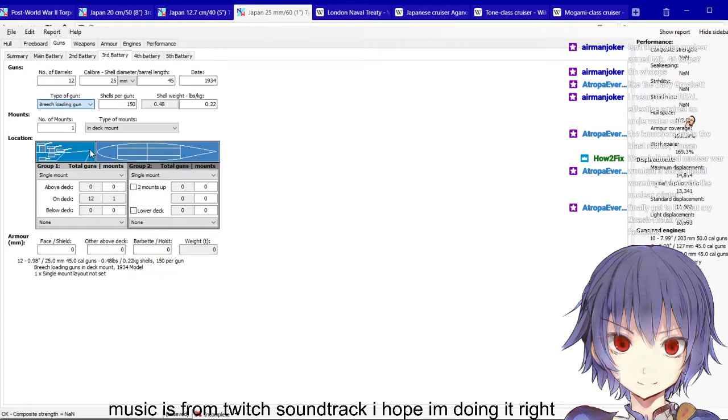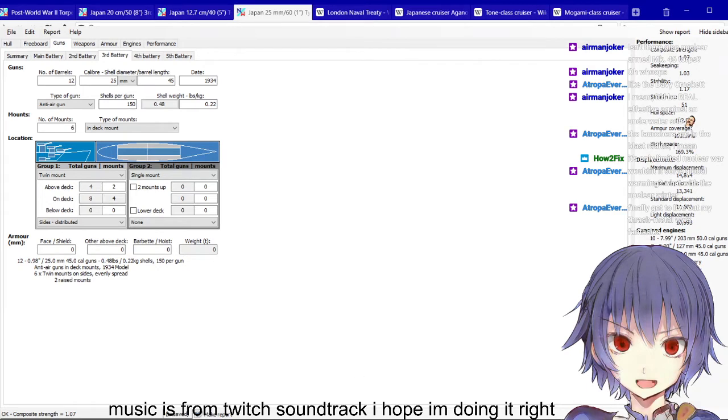So 12 anti-air guns, deck mounts, 6 mountings, twin mounts, sides distributed, and they have no shielding.